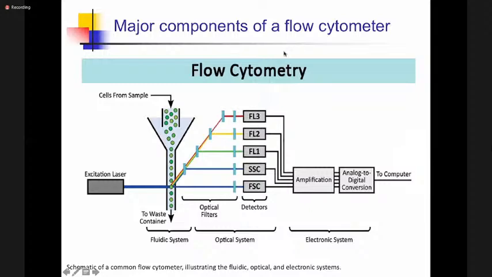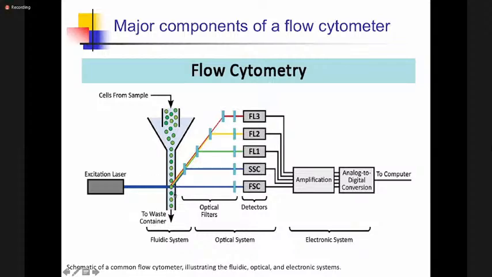And the major components of a flow cytometer, if I may now bring you back: I mentioned that the flow cytometer constitutes a fluidic system, an optical system, and then an electronic system. The fluidic system is where the cells are passing. You remember you prepare your cells into suspension and then channel them into a flow channel. There is excitation by laser light as they pass through the tube, and what has passed down here is just waste which would be discarded.